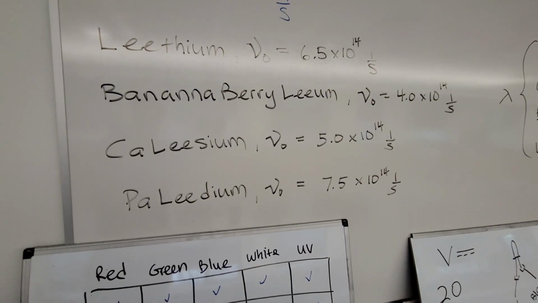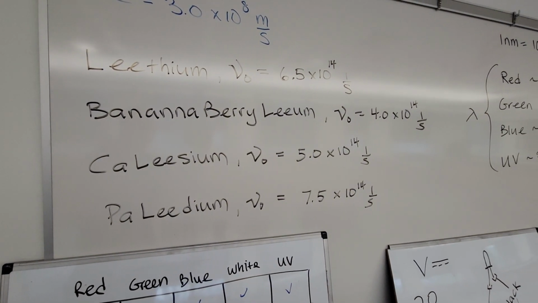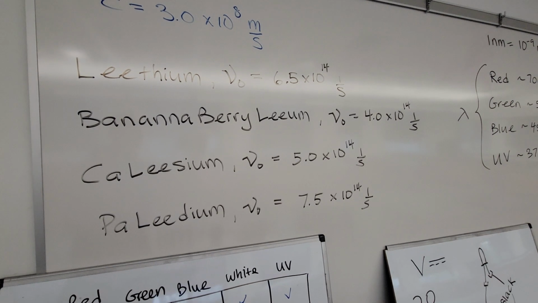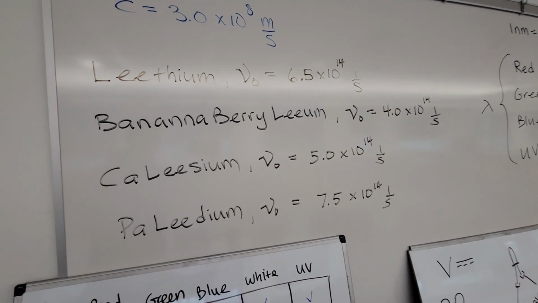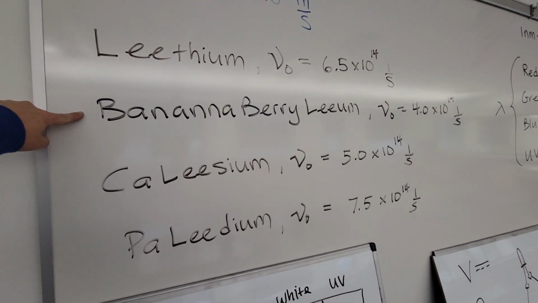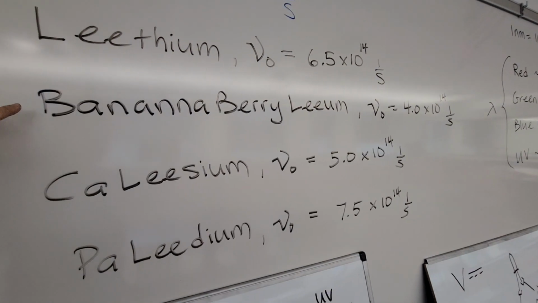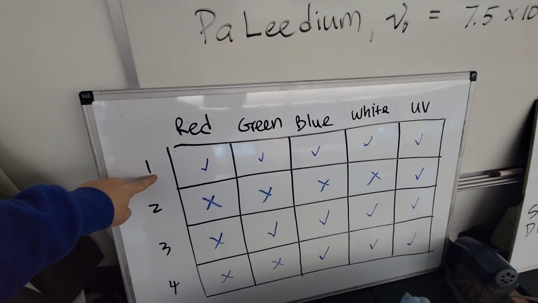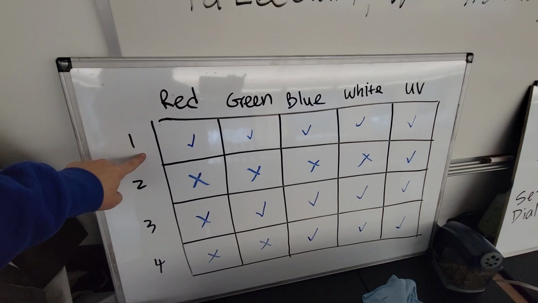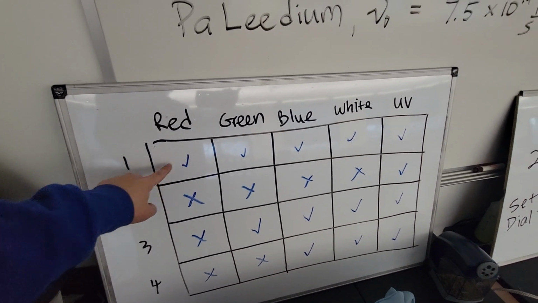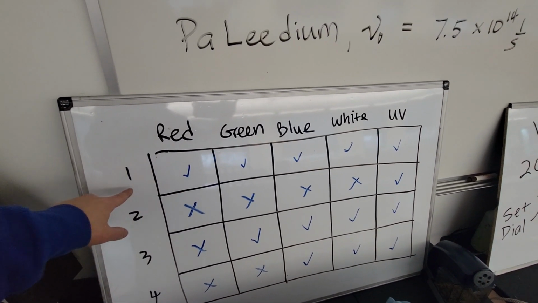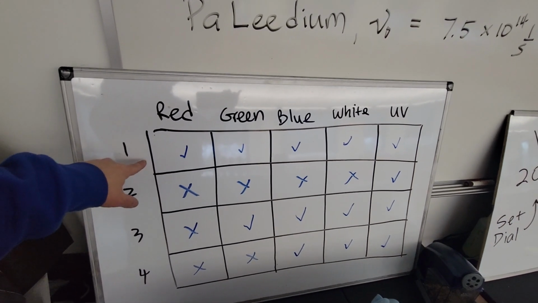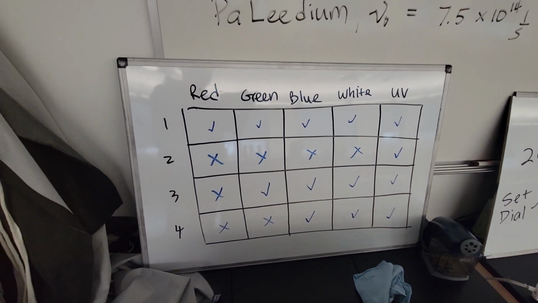So knowing that, we can say whatever metal has the lowest threshold frequency, which would be the lithium, must be the metal in capsule number 1, because all the wavelengths of all the colors had enough energy to eject electrons.